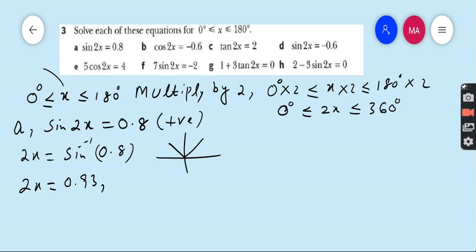Kindly wait, I want to check that my calculator is not in radians. Sorry, my calculator was in radian mode and the question is related to degrees. Now after converting my calculator to degrees mode, my answer of sine inverse 0.8 is 53.1.